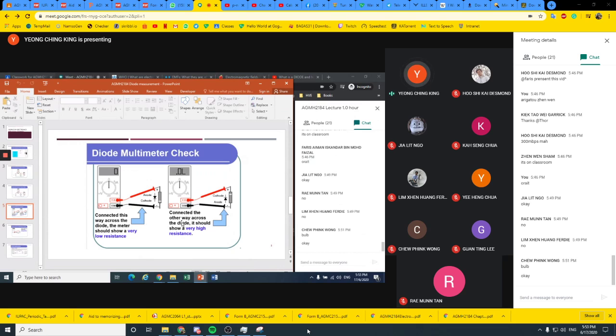Connected this way across the diode, the meter should show a very low resistance. So this one is in forward biasing, and connected in this way, when the diode is open, like an open circuit, it becomes a very high resistance.